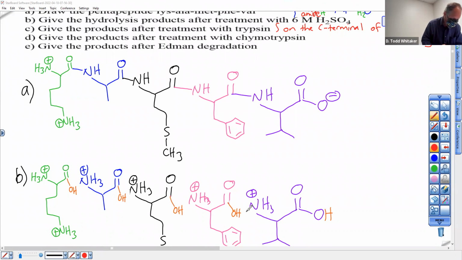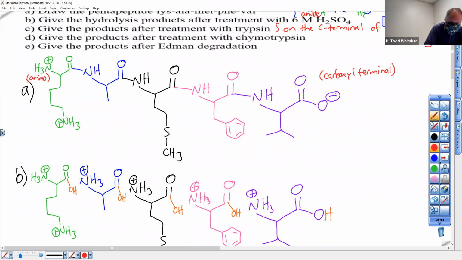So you're looking for lys and the C-terminal. Here's the amino terminal for the protein, and here's the C terminal, carboxyl terminal, for this protein.